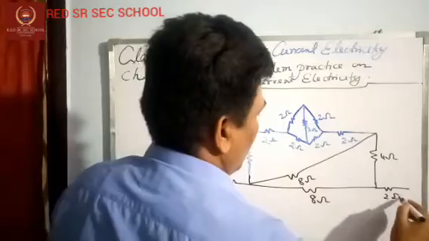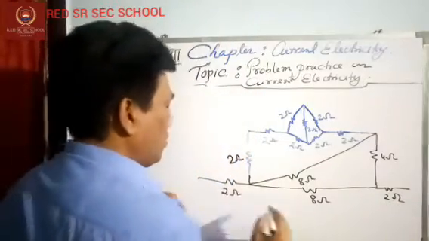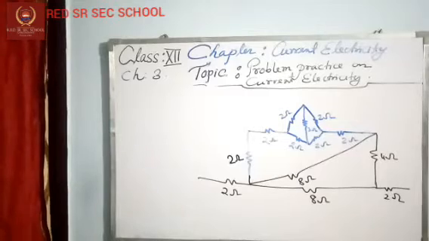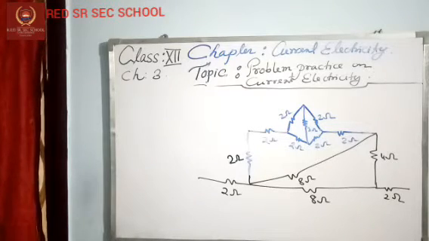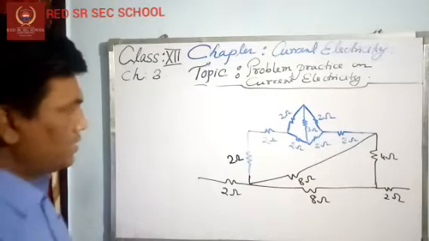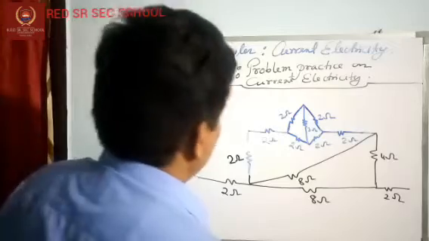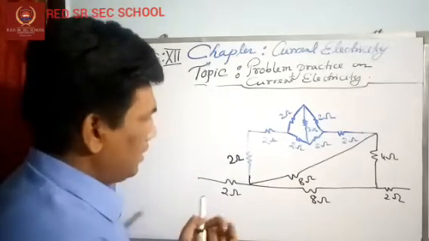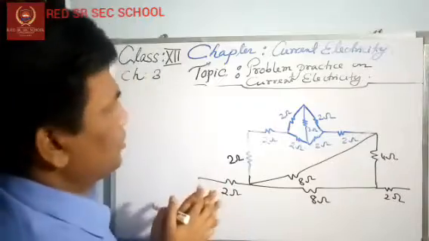This is 2 ohm, this is 2 ohm. That way you can make a very complicated figure, no problem. Just try to understand the skill only. A lot of resistors you can put that way. You write all these things, and I am going to ask you a lot of questions on this network.